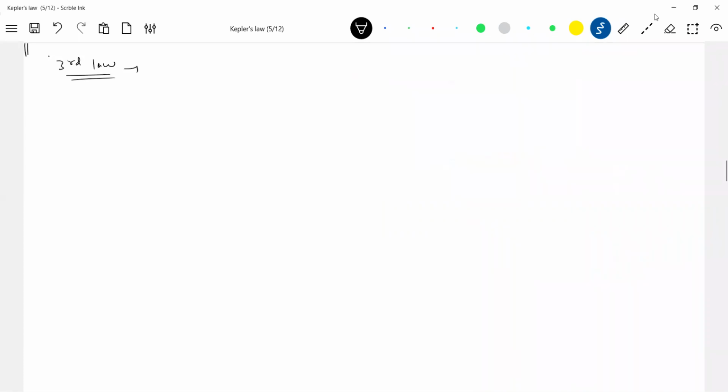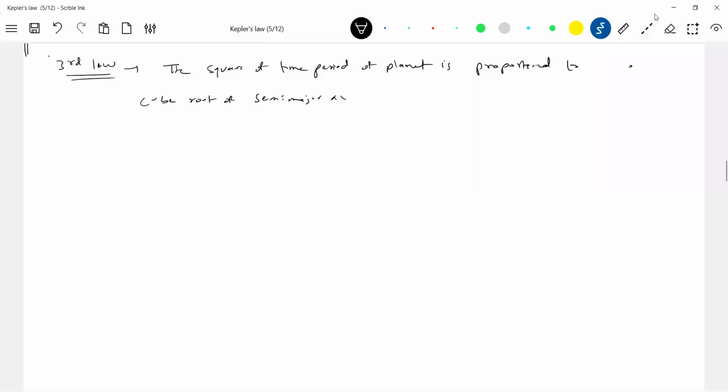What does the third law say? The square of the time period of revolution of the planet is proportional to the cube of the semi-major axis of the orbit. Okay, how can we justify this statement here?